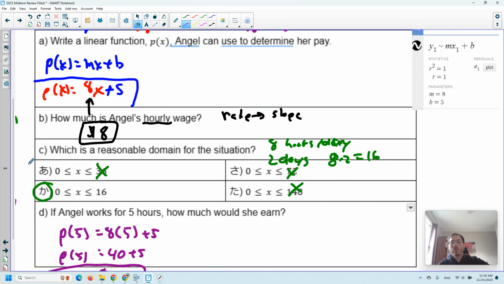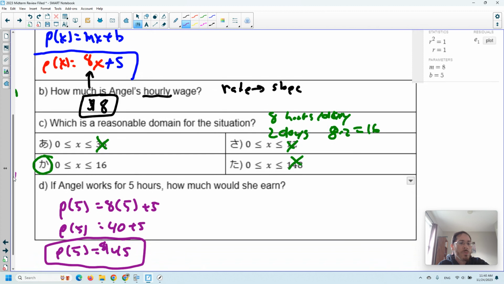There's a lot of different ways to do this question. Obviously, I would prefer the function way, but you want to do it the way that makes the most sense for you. So if it makes more sense to continue the table on, go ahead and continue the table on. Again, that's something that you want to do in real life too. If that's the way that you want to think about it, by just going hour by hour, that's great. That's the recursive way to do it. If you want to do it explicitly, you can do it explicitly.